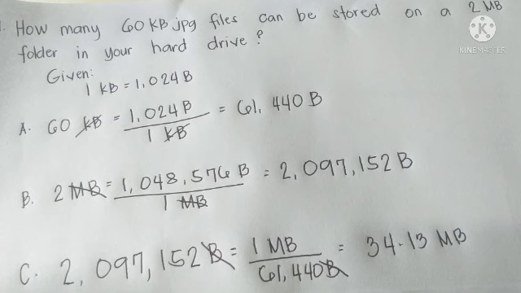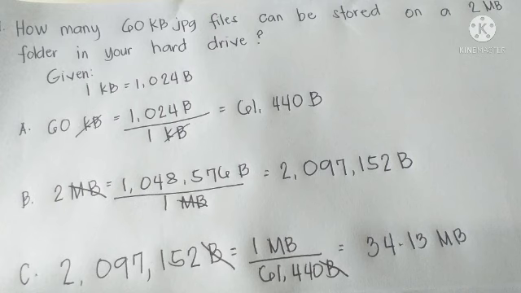The problem is, how many 60 kilobyte JPG files can be stored on a 2 MB folder in your hard drive? The given here is 1 kilobyte is equal to 1024 bytes. First step, let us convert 60 kilobytes into bytes. So 60 kilobytes is equal to 1024 bytes divided by 1 kilobyte.